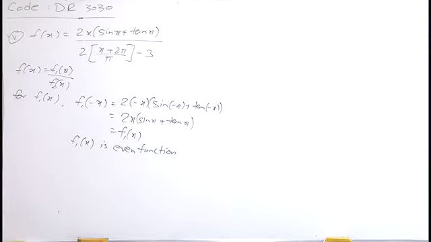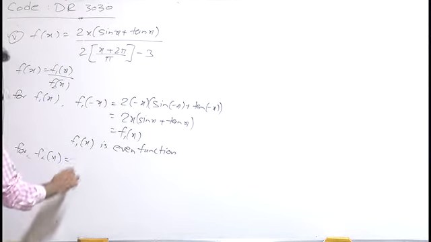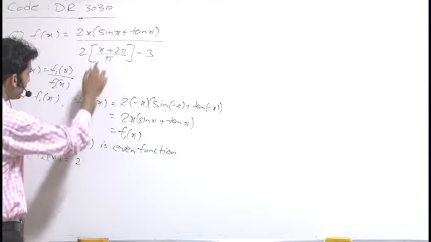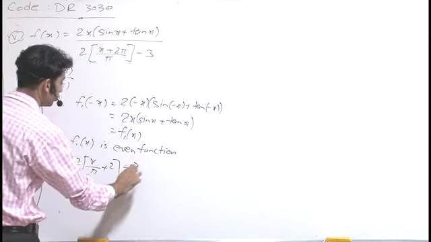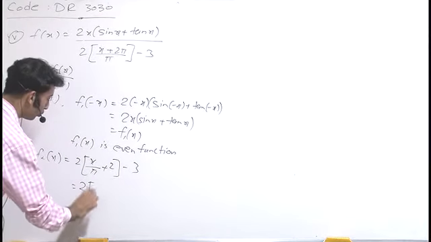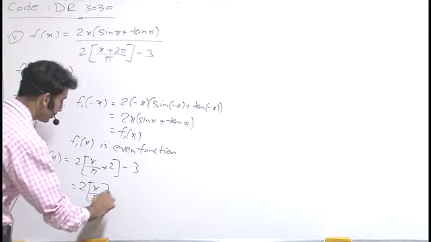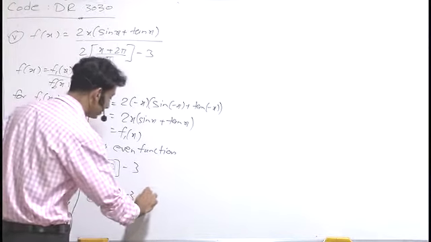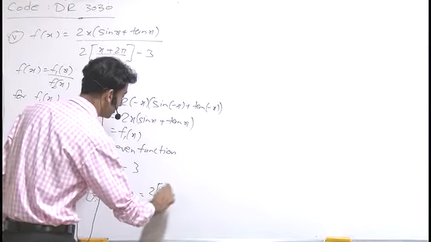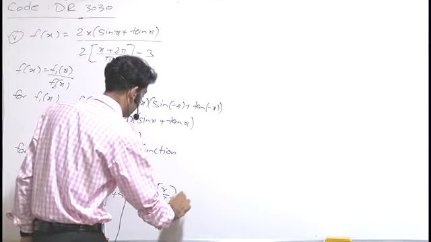Now we'll go for the nature of f2(x). We can rewrite f2(x) as follows: 2[x/π + 2] - 3. So 2[x/π] + 4 - 3, it means 2[x/π] + 1.